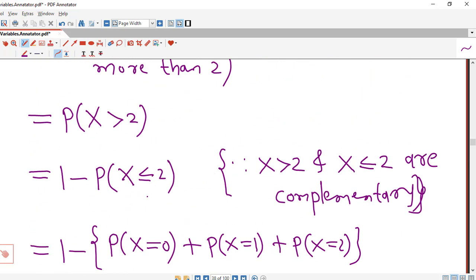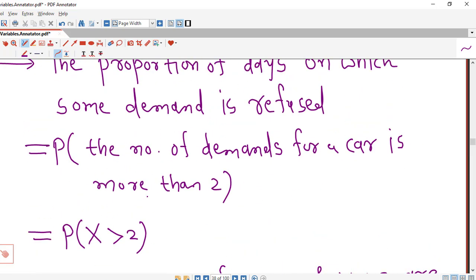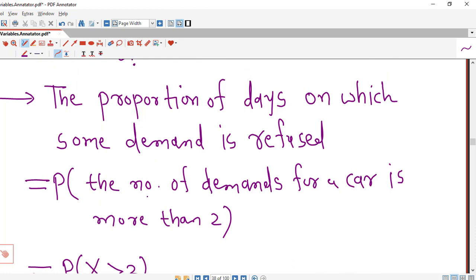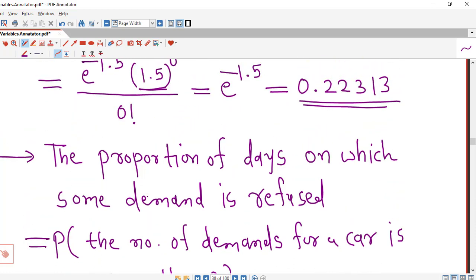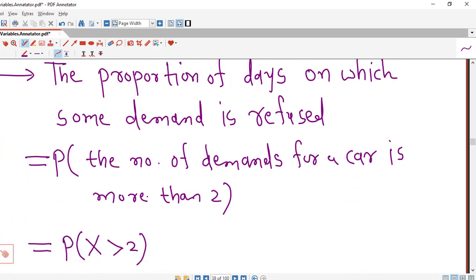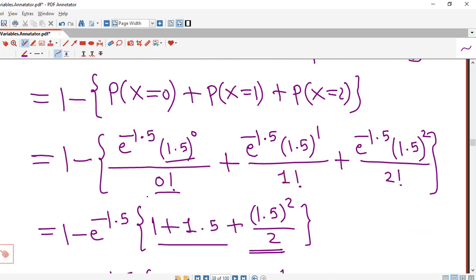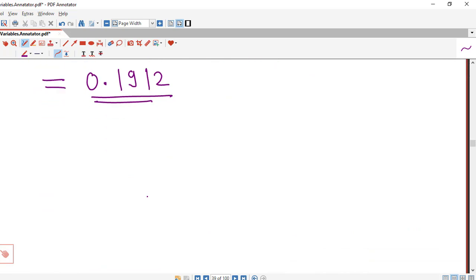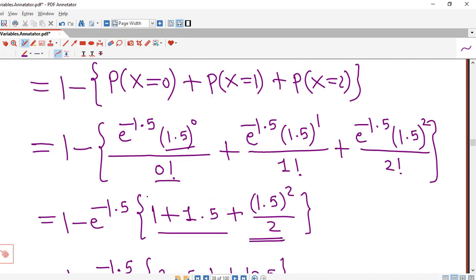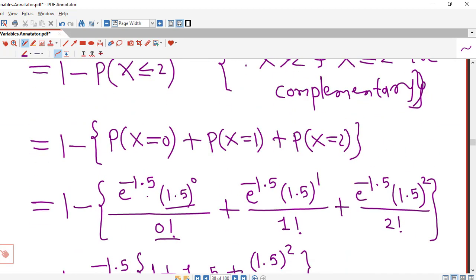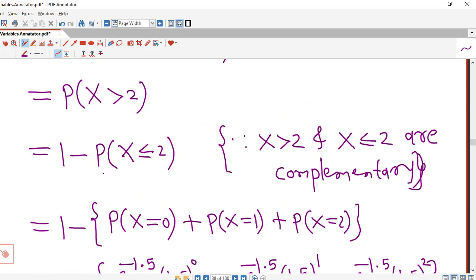So this is the probability that there will be refusal of demands, or the proportion of days on which some demand is refused is 0.1912. Now if you don't want to go for these calculations, you can calculate this using the cumulative Poisson probability table also.